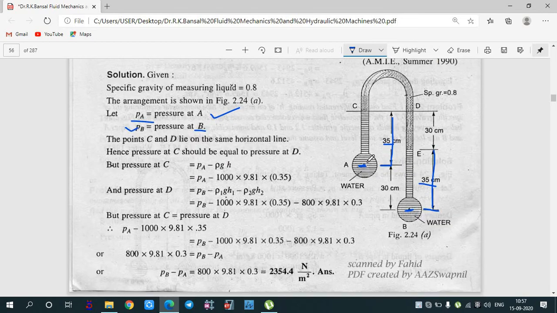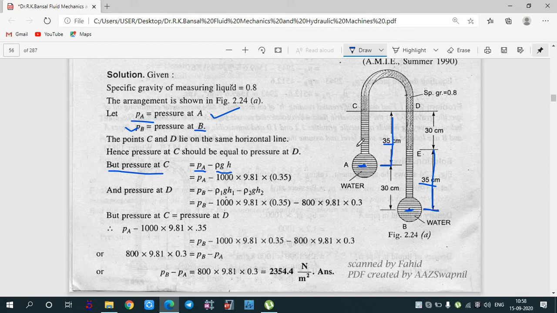We will try to calculate the pressure up to C, then the pressure up to D, then we will equate both the equations, so we will get the difference of pressure. So the pressure at C: it has the same fluid up to this height, and at this point in this pipe some pressure is created, that is PA, plus rho g h for a single fluid.